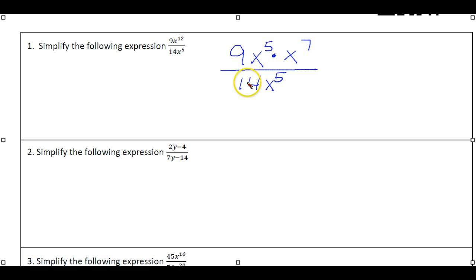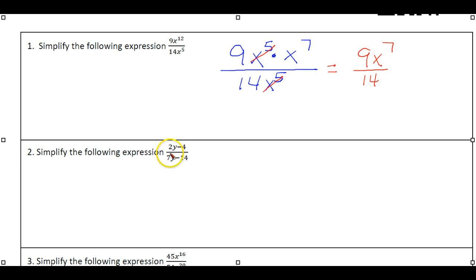There's no common factor. But with the x's, again, we can bring this 5 up, becomes a -5, subtract it from the 12. But another way to look at it is x to the 5th times x to the 7th, and then x to the 5th will cancel with an x to the 5th, and we get 9 x to the 7th over 14.